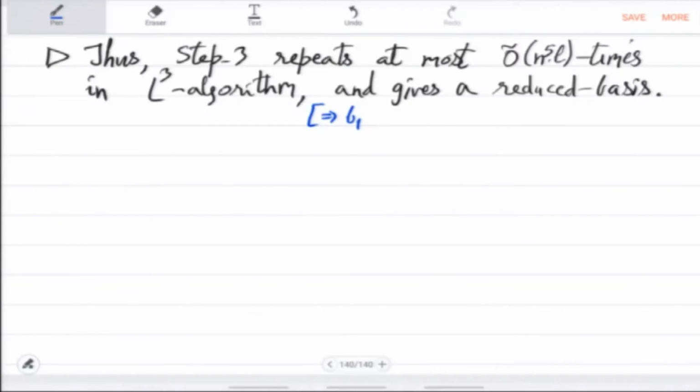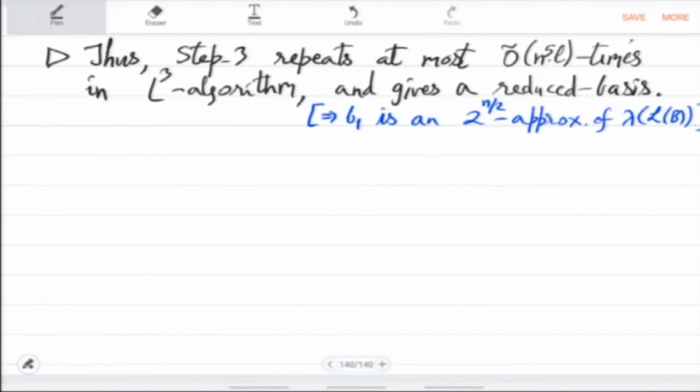So B1 is a 2 raised to n by 2 approximation of the shortest vector. Okay, so we have everything that we wanted, finishes L cube.